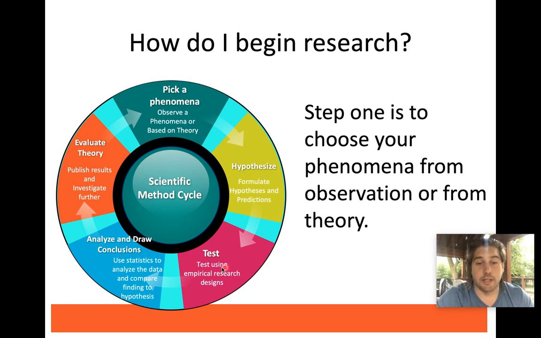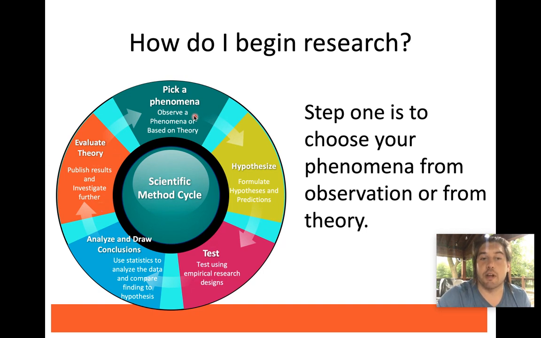Then, of course, I can test my hypothesis. I collect the data, and then I analyze it. I draw conclusions, and then I sort of circle back around and I introduce my findings to the literature, to the broader collection of findings in that area, and we see how it fits, right?